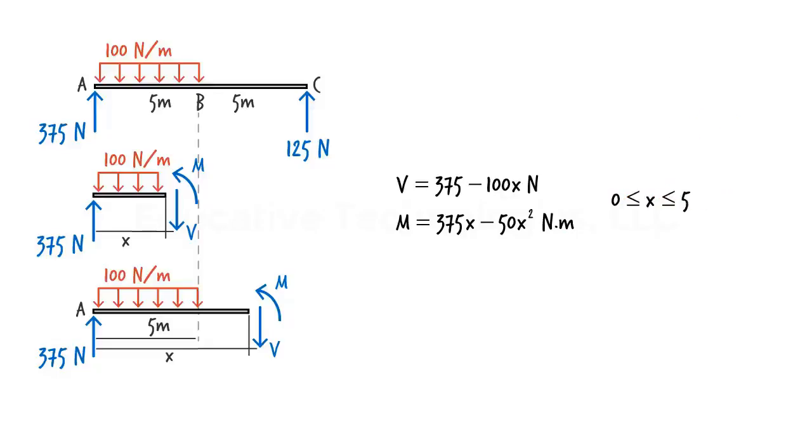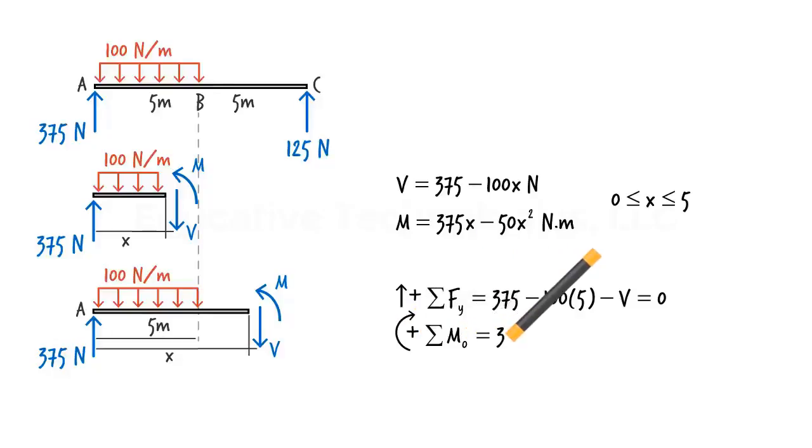For the second free body diagram, for the sum of the forces in the y direction, we have 375 minus 100 times 5 minus V equals 0. Summing the moments about the cut point, we end up with 375x minus 100 times 5 times (x minus 2.5) minus M equals 0.